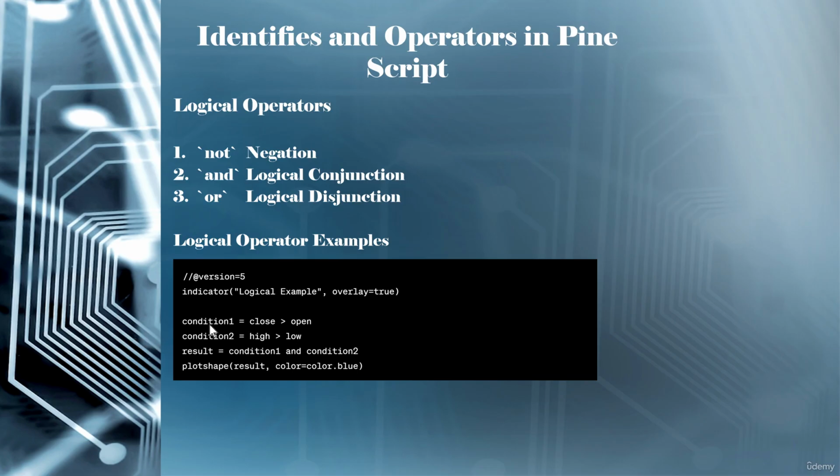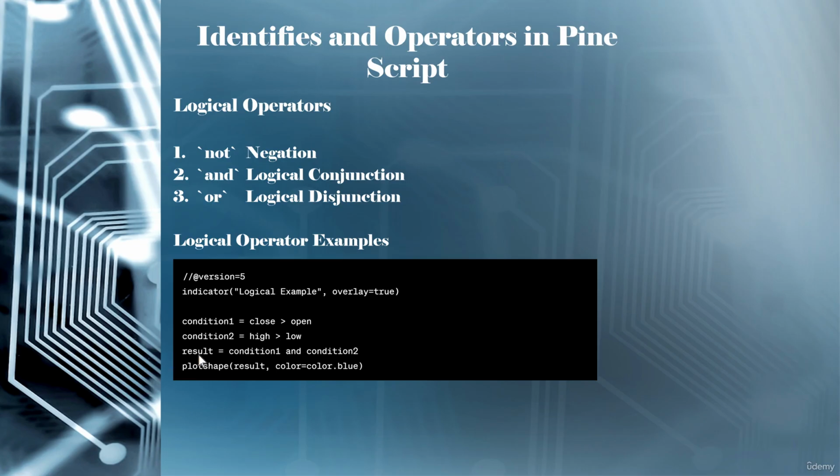In this example, we have the condition 1 variable and we assign it the result of the comparison operator on close and open. So if close is bigger than open, then the true value will be assigned to condition 1. For the second condition, another comparison operator, bigger than, is used. To the variable condition 2, we assign the result of high bigger than low.